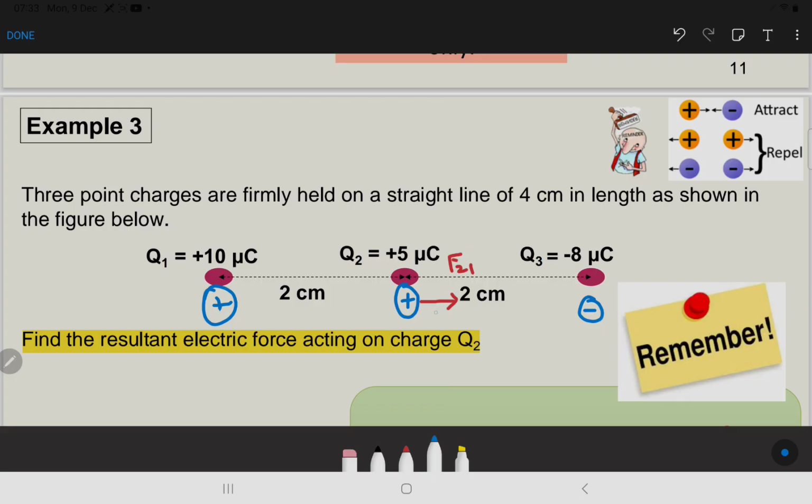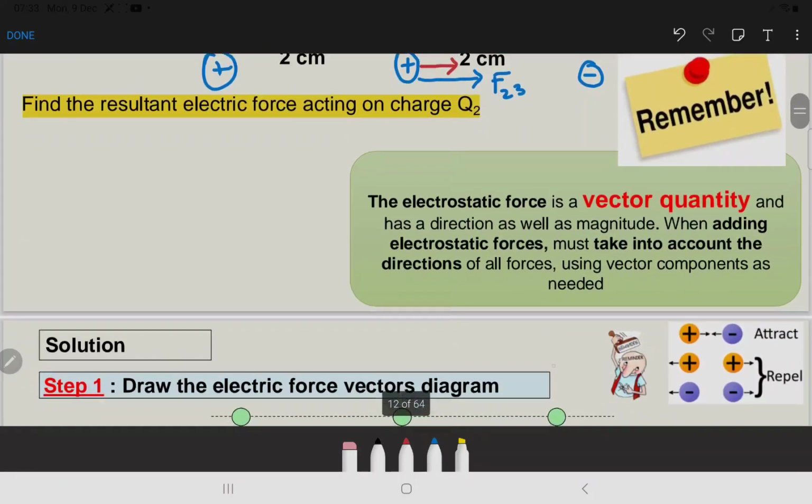That means the force acting on Q2 will be toward your right or left? It will be to your right also. This is the force on 2 by charge 3. Both will be acting in the same direction, so you need to calculate F21 and then F23 and then find the resultant.